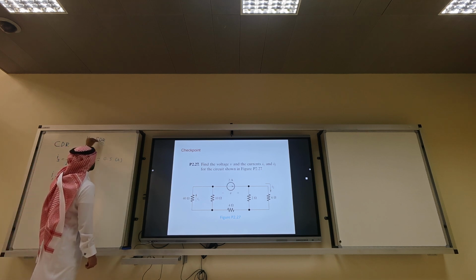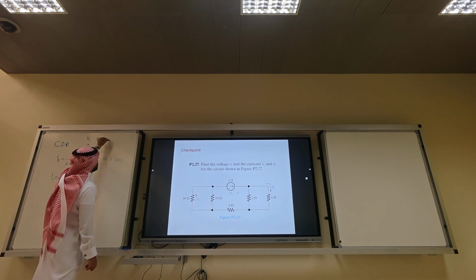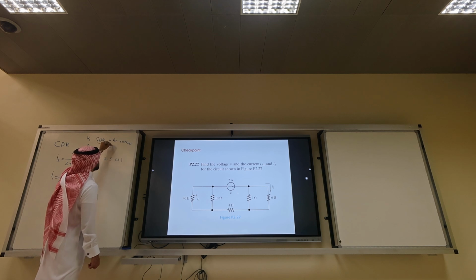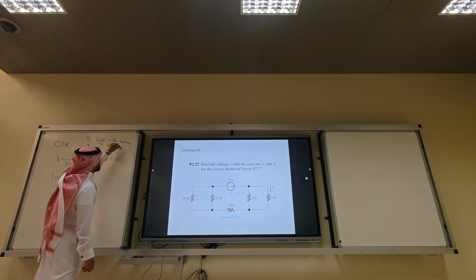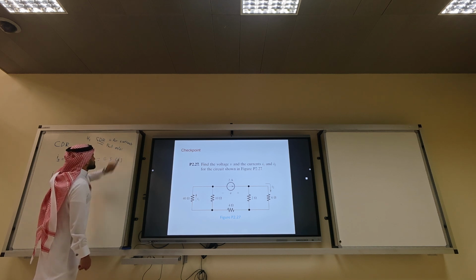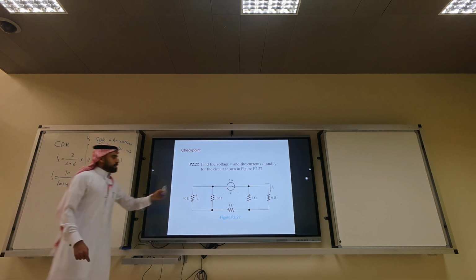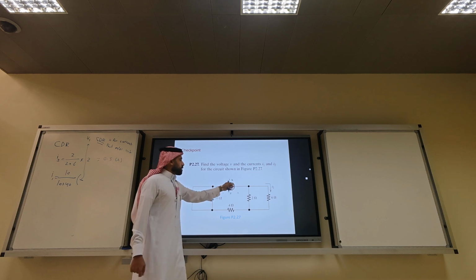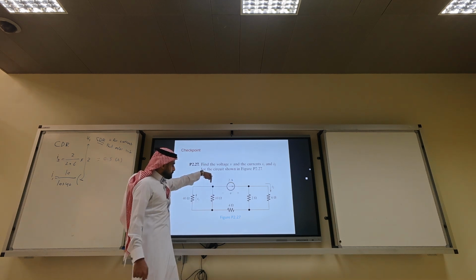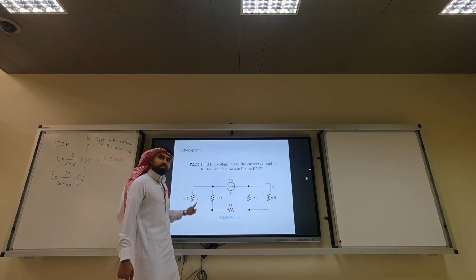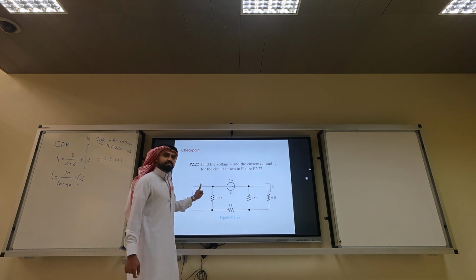CDR, current divider rule, is for currents that enter the node. Okay? If we reverse this direction, so it's minus 2, it gets split here and there. But we have I1 going from top to bottom.